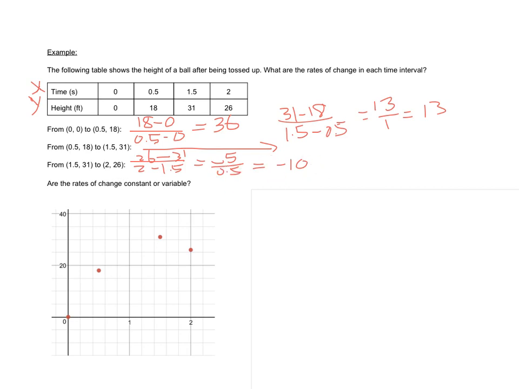And as I described that, you notice that I used the term steepness between the 2 points, the line joining the 2 points, which brings up the other thing that I want to talk about, which is slope.